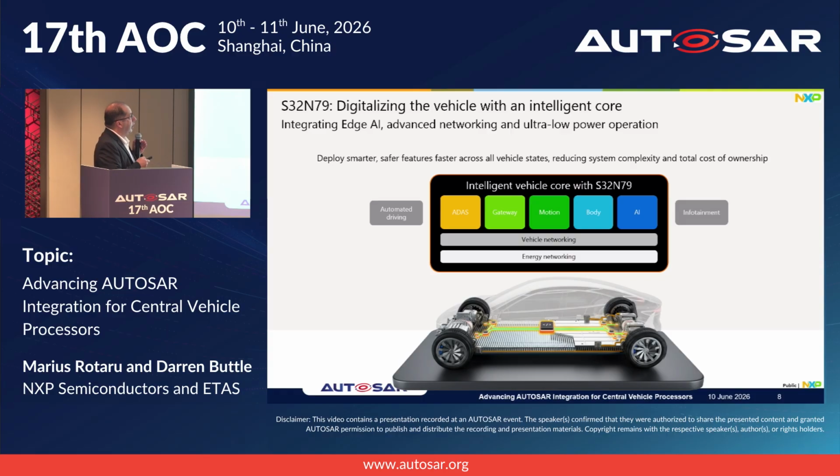It brings ADAS, gateway, motion, body, everything. So it allows deploying smarter. It allows accessing vehicle states. And due to this, it reduces system complexity and reduces the total cost of ownership.